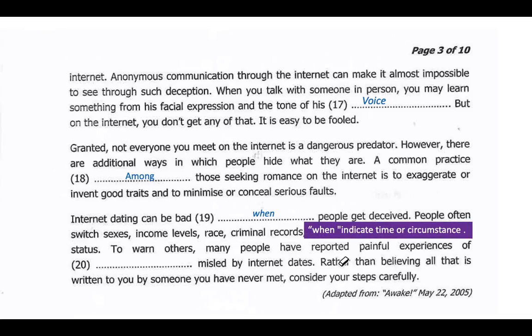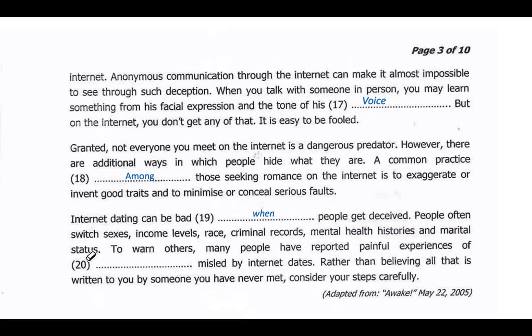So the word when indicates time or circumstance. When the circumstance happens to a person, that's when we can say that the internet is bad. So when stands to indicate time or a circumstance. So we can now continue.